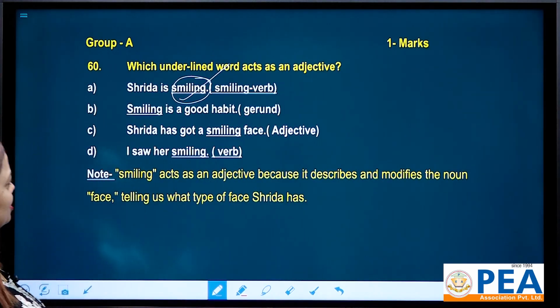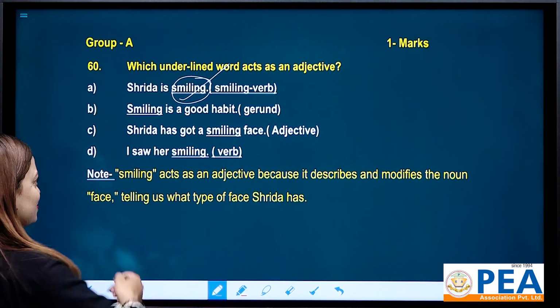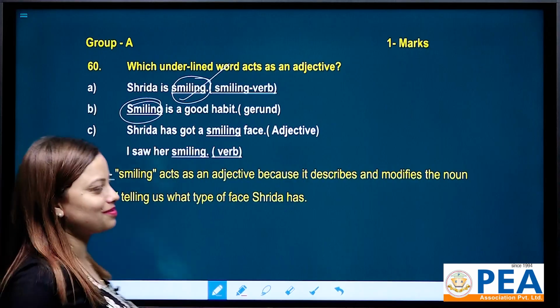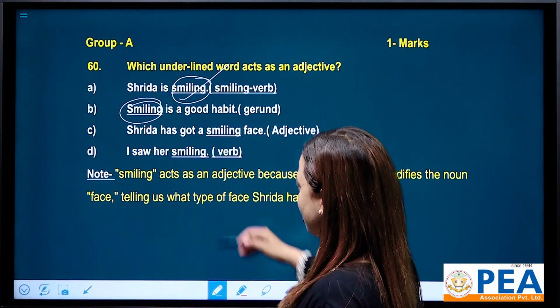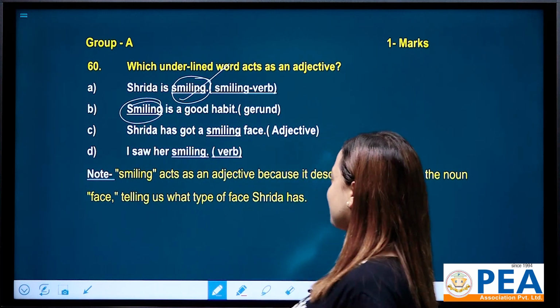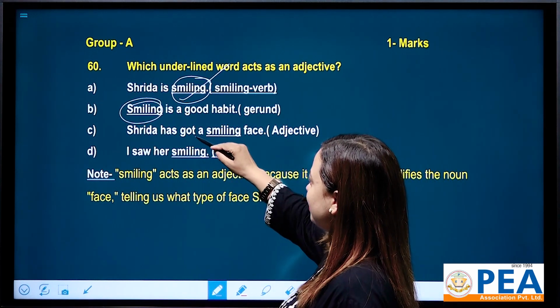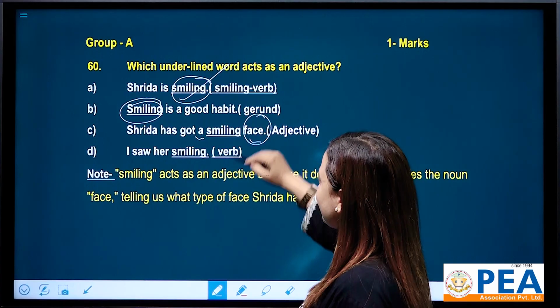In option B, smiling is a good habit. It is a gerund, right? In a gerund, smiling becomes a noun. Option C, Sridha has got a smiling face. A and face are nouns, right?